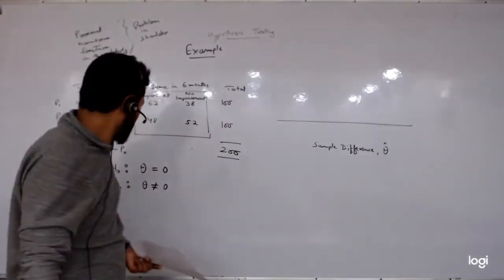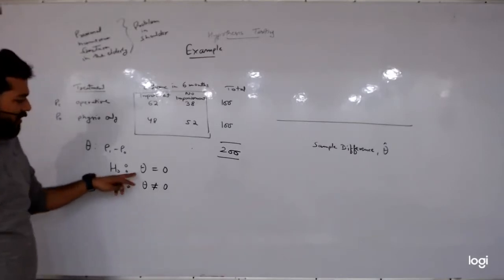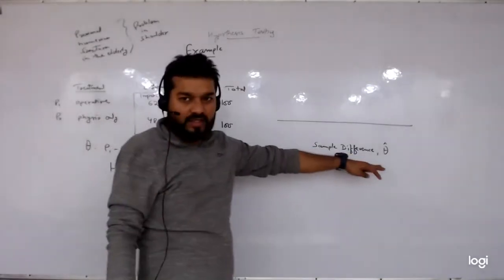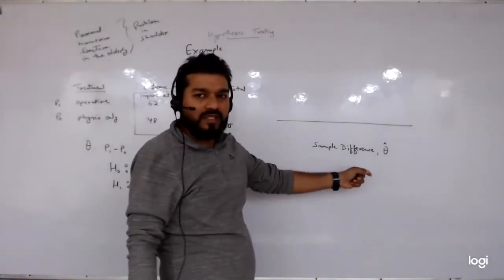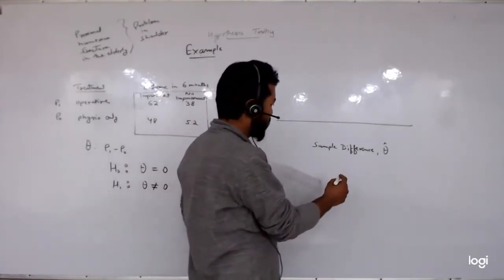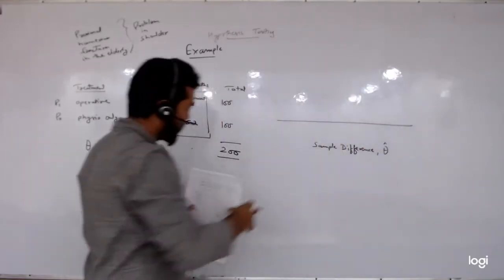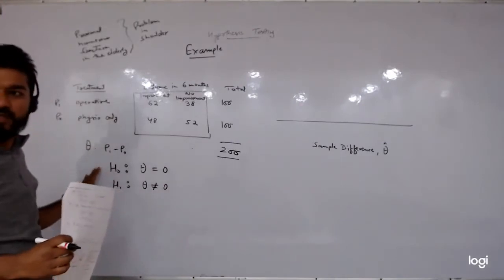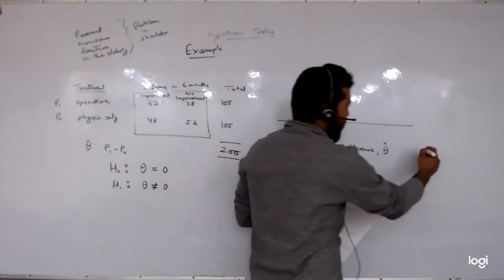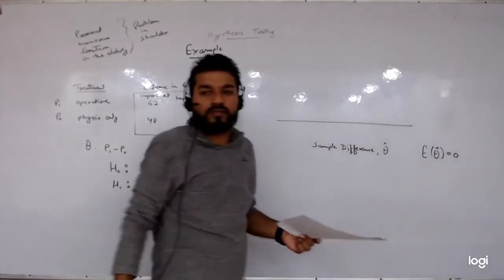Let me remind you, although you already know this, theta would be the parameter for the population, and this would be a statistic, and the general notation for statistics is we just put a caret on top of it. We're going to draw this distribution by assuming that this is true. If this is true, then our expected value for the sample difference should be 0.